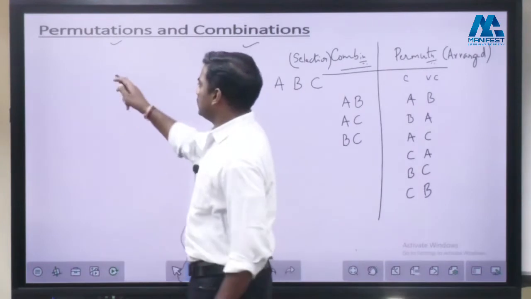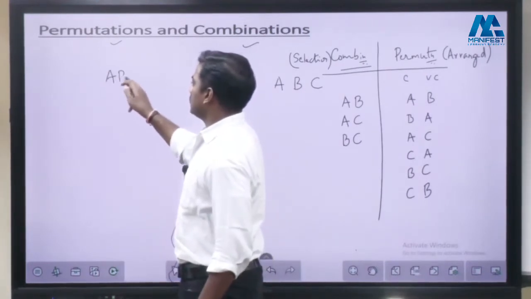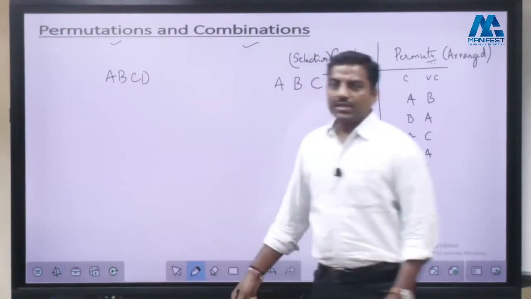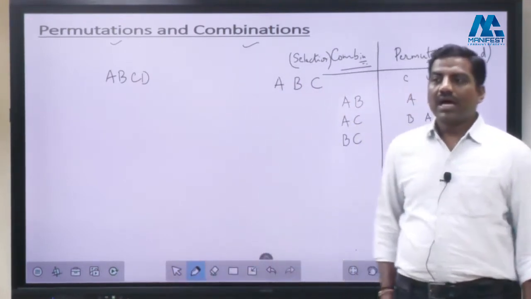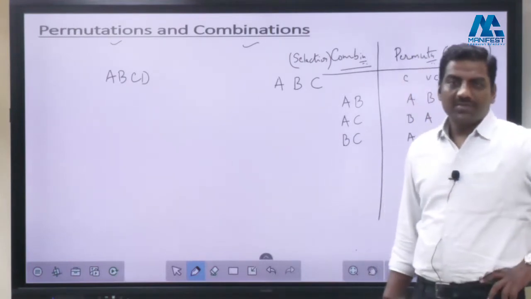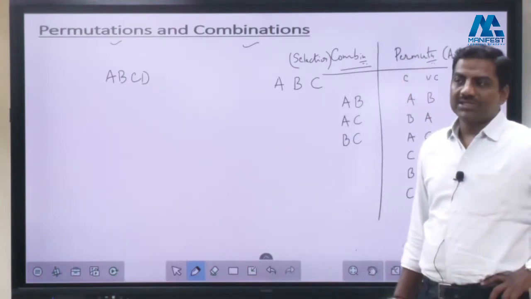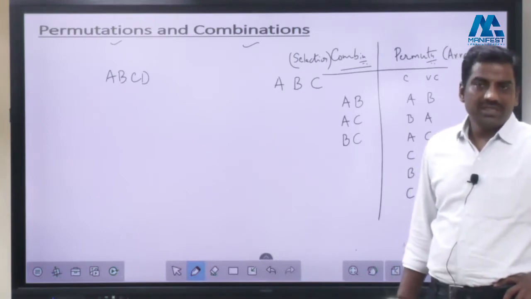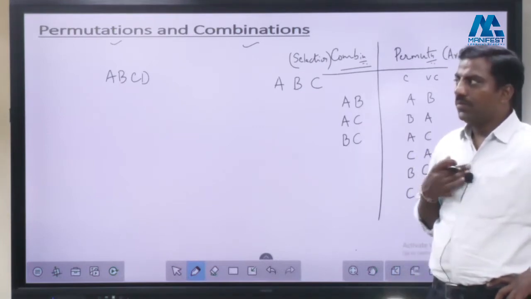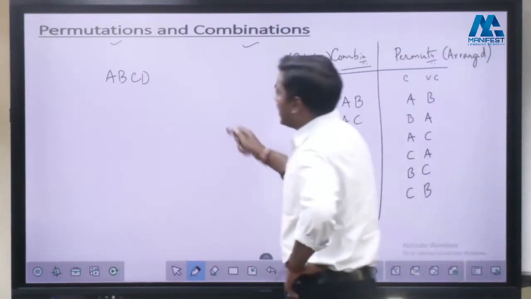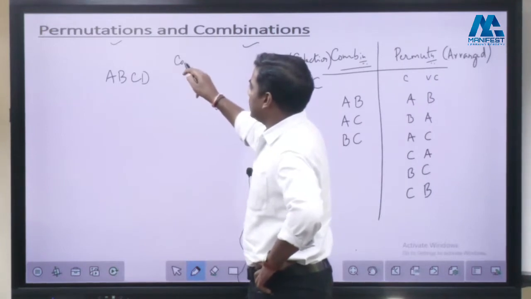I'll take one more. A, B, C, D. I have to select again two persons from here for making a table tennis team of two. So in how many ways can I do the selection? Selection or combination?